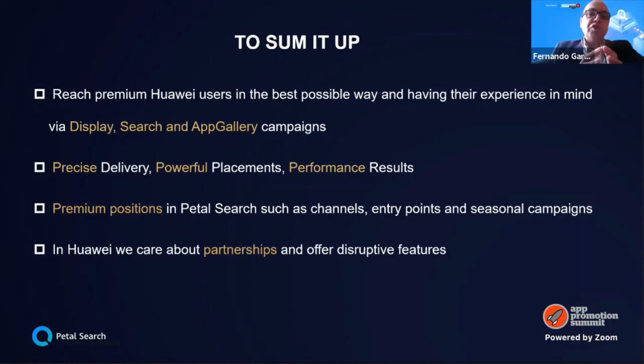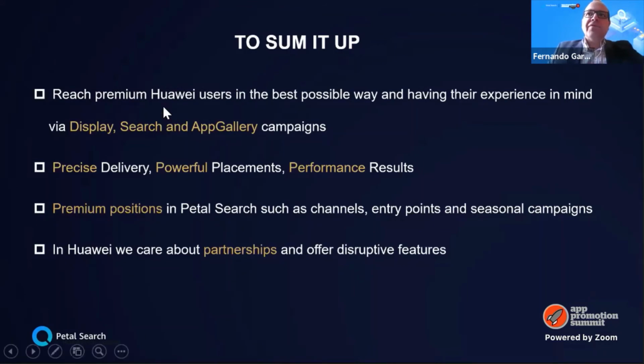We've also shown you that in Parallel Search, you have these premium positions that are an additional way of boosting traffic to your service, your content, or your apps. And we really care about partnerships. That's why we are having this additional collaboration that perhaps you couldn't expect from other search engines.